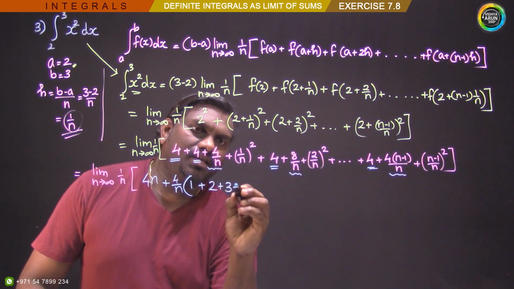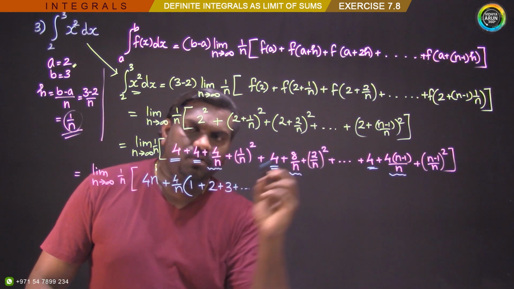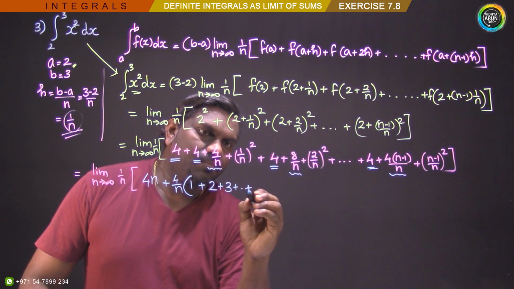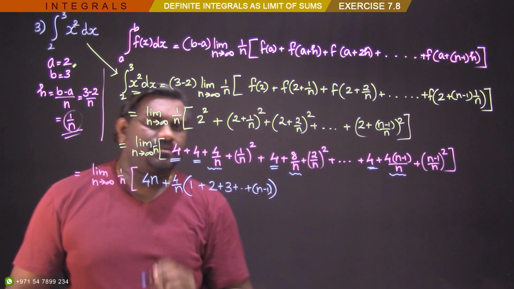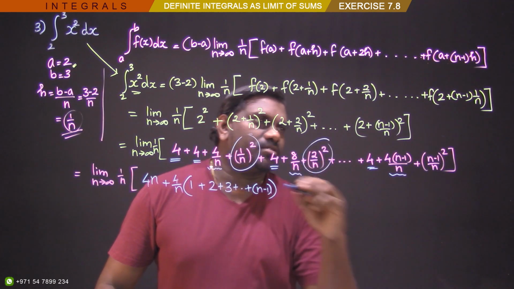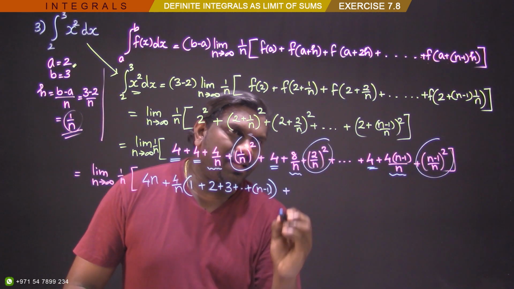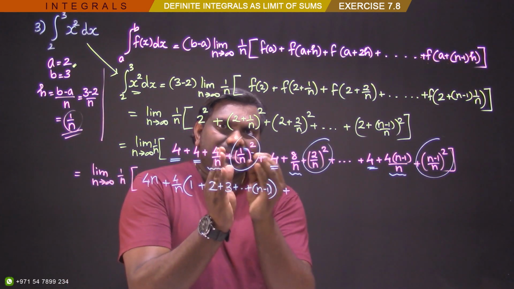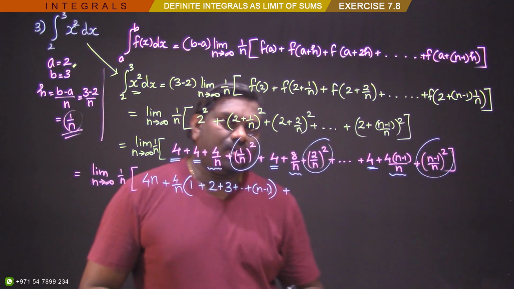Till the last term, when I take it out, what you will get is plus n minus 1. That's it. Now going for the squares: I can see there is 1, 2, 3, as the squares keep on going.